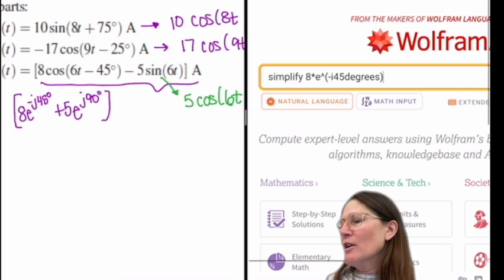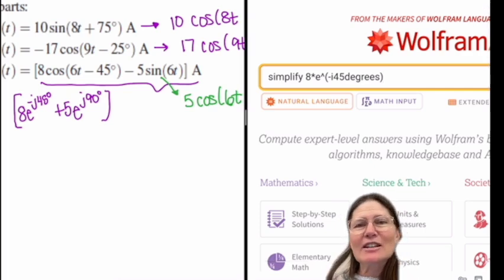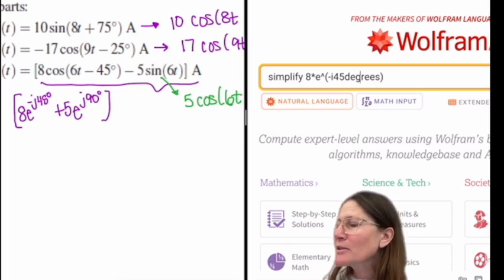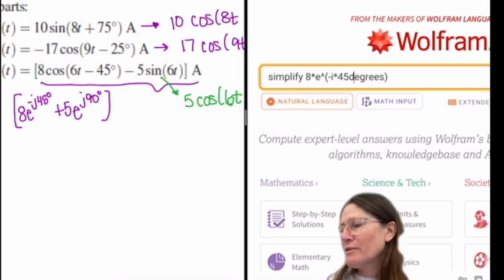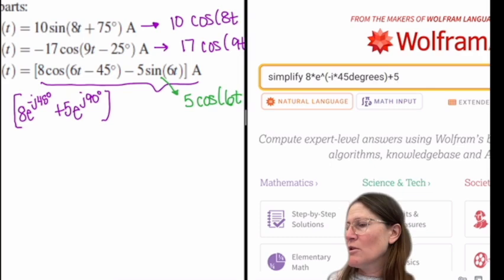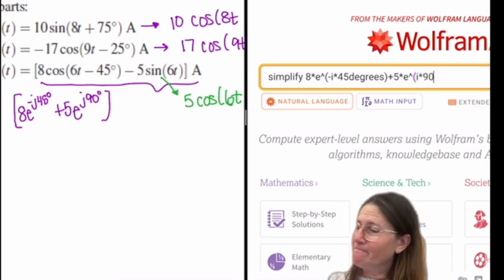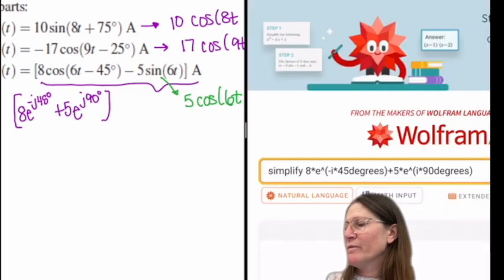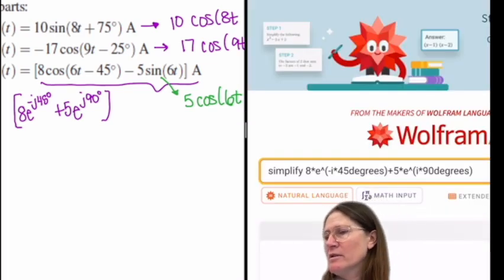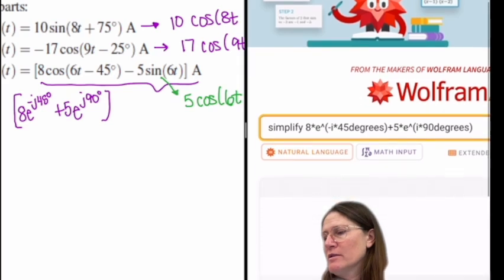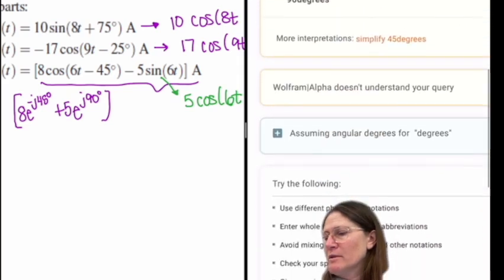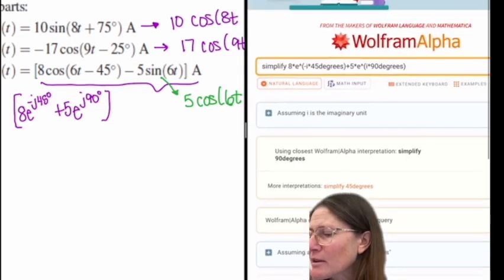So simplifying this, just 8 times e to the minus i times 45 degrees, and if you don't put degrees, it will default to, what do you call it, radians per second. No, it's not liking this.